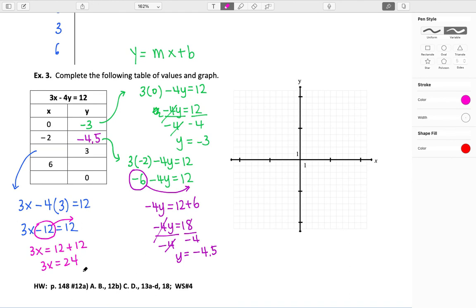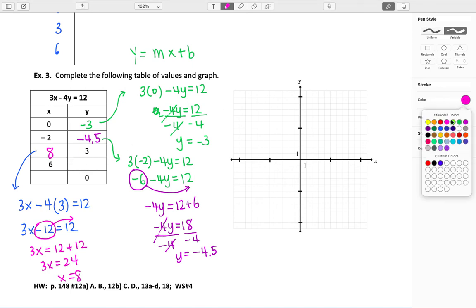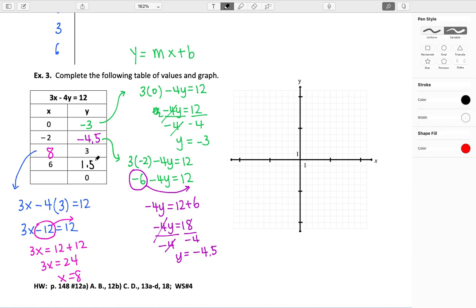And then divide both sides by 3, x is equal to 8. So therefore, this is 8. So you will do the same thing for 6 and 0. When you plug in x as 6, you will get a y value of 1.5. And for the x value, when you plug in y as 0, you will get 4.